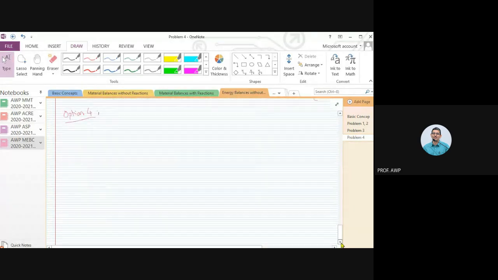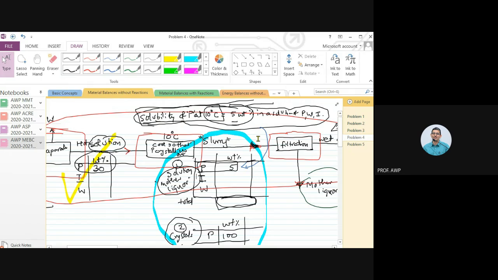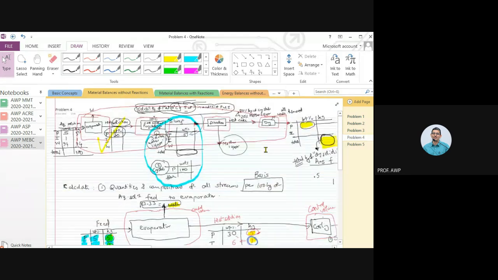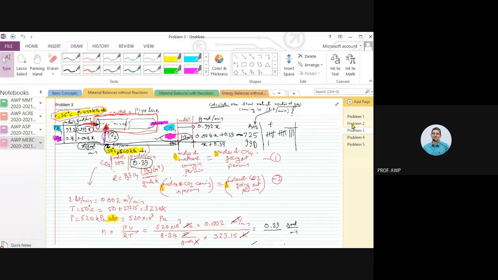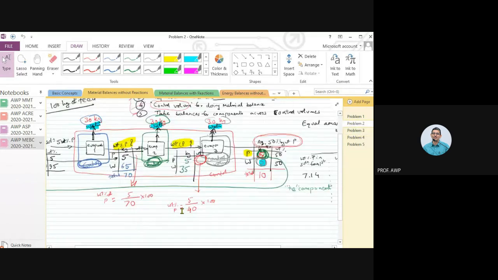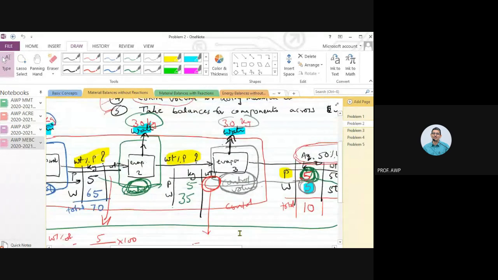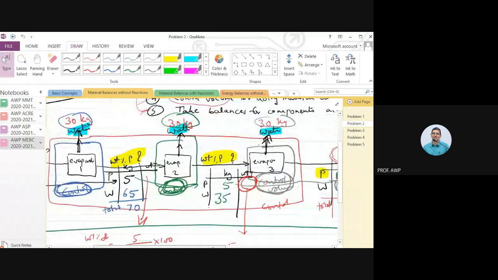Okay, let's look at one more option. This is my evaporator. Let me take you back to some problem that we did earlier. Do you remember this problem? Yes, sir.